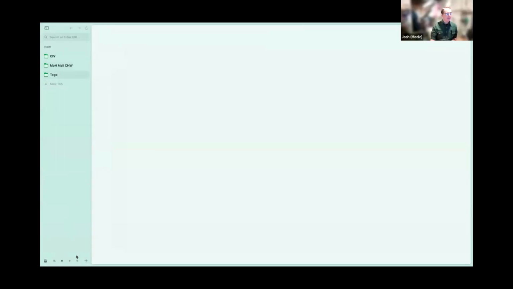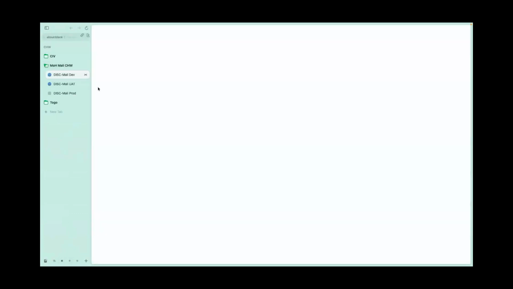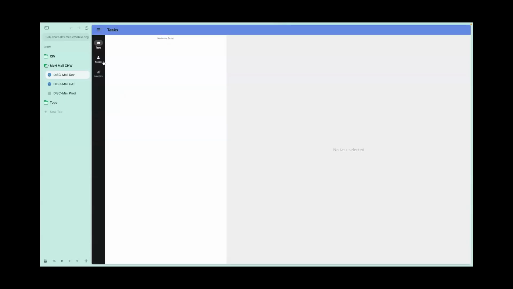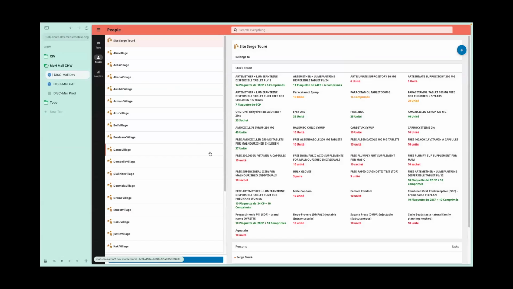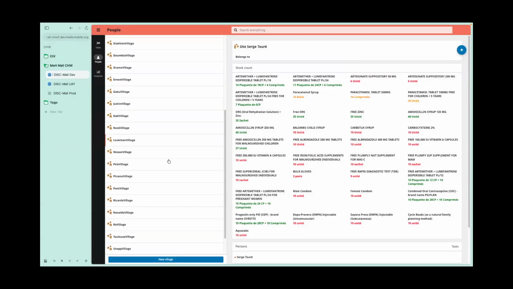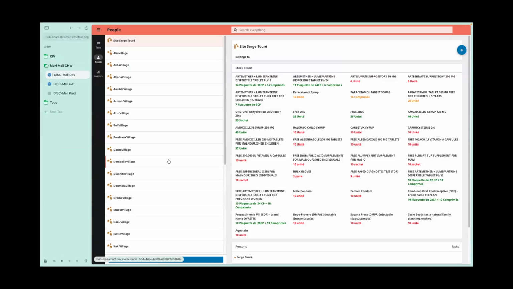Okay, super. I have multiple profiles here. I will connect to the system. I'm on my CHT environment. As a CHW, I have all the villages that I serve.